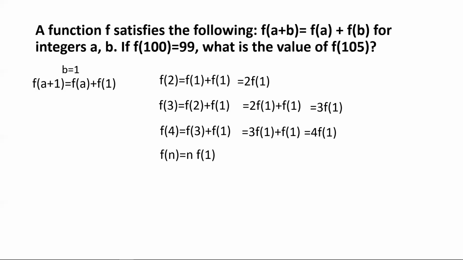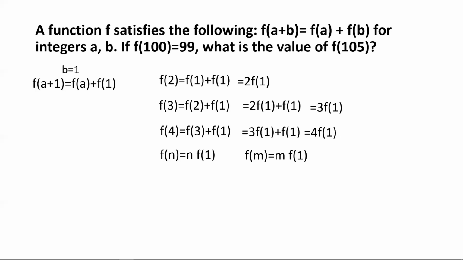Now, one thing that we can do is cross-check whether this function satisfies the basic relationship that we are given, which is f(a + b) is equal to f(a) + f(b). So if f(n) is equal to n times f(1), what would be f(m)?